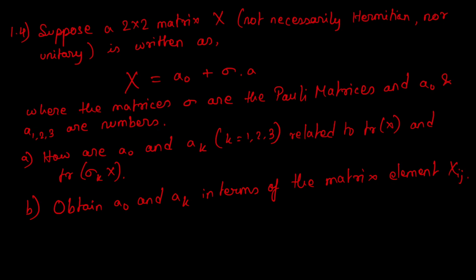How are A0 and A_k related to the trace of X and the trace of sigma_k X? And in the second part we have to obtain A0 and A_k in terms of the matrix elements of X, X_ij.